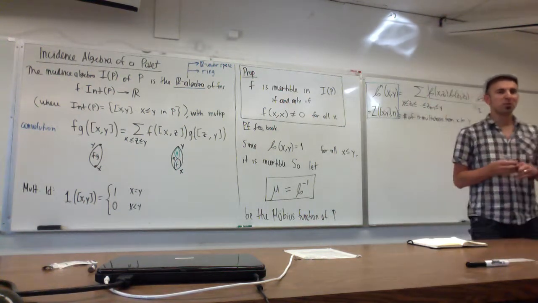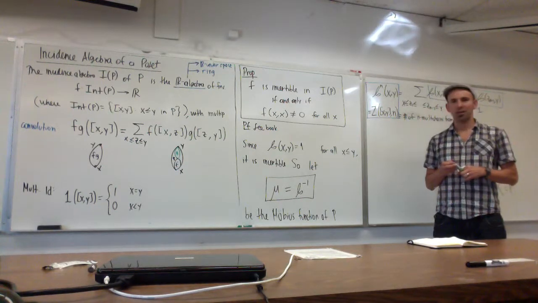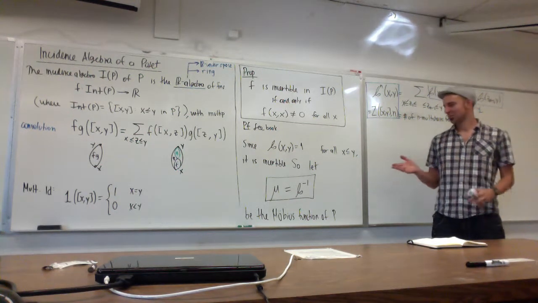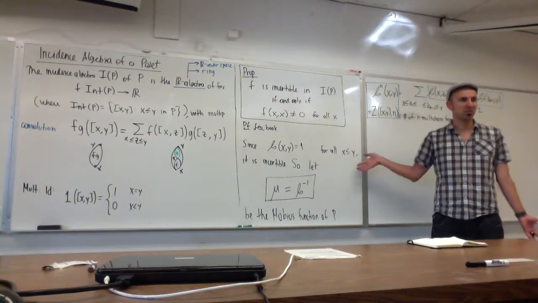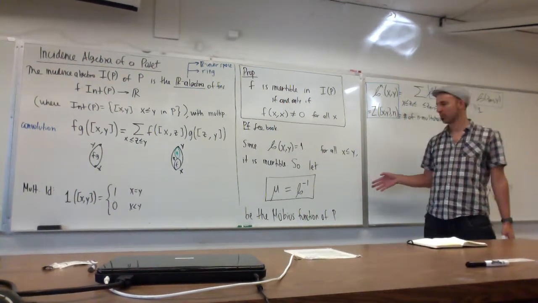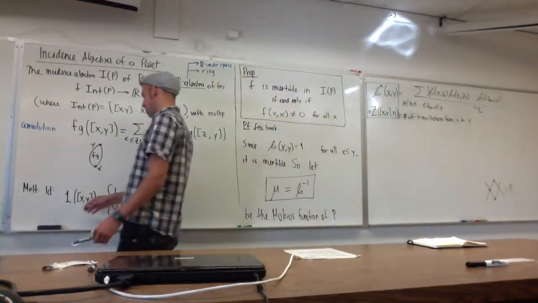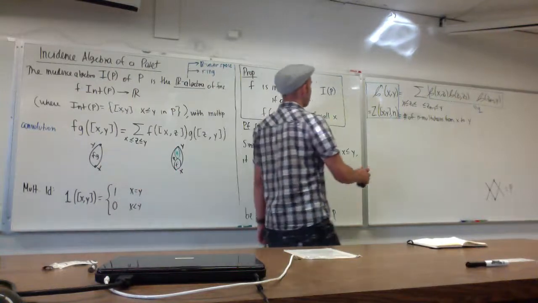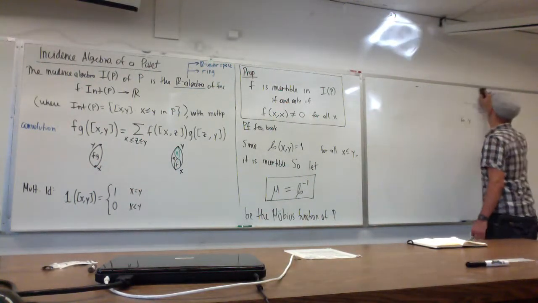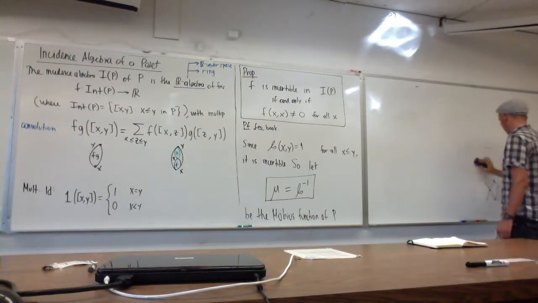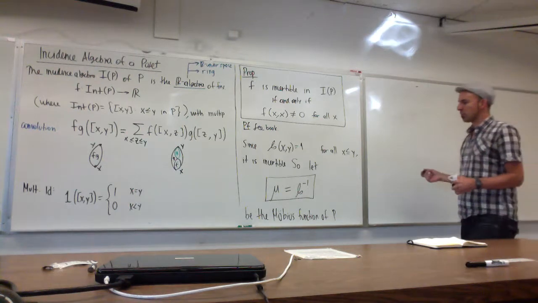Now this might surprise you, because I know that some of you have thought about Möbius functions before, and maybe this is not how you expected the Möbius function to come up, but this is the same Möbius function that you're used to.